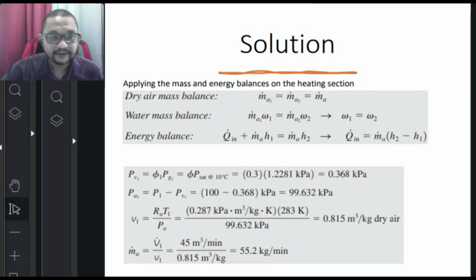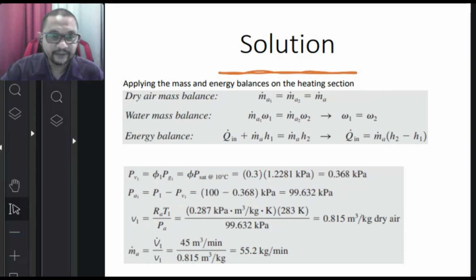However, this is limited to the specified pressure only, which is 1 atm. In this case it's 100 kilopascal, so you have to find the psychrometric chart for 100 kilopascal.